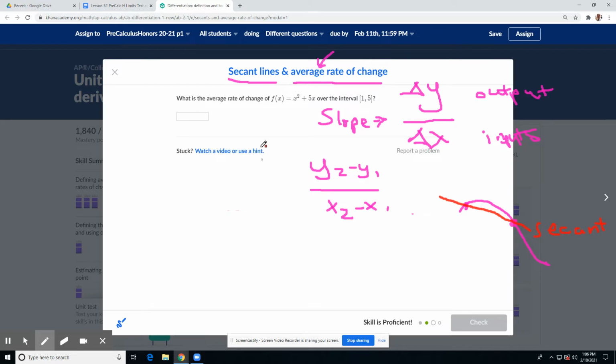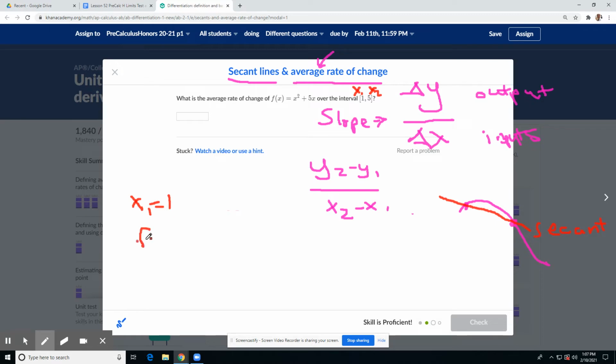Let's plug these values in and go from there. I always like to label stuff. I'll call this my first point, x1, and this my second point, x2. Remember, these are inputs. It's over the interval from 1 to 5, and this looks like a parabola. First, my x1 value is equal to 1.